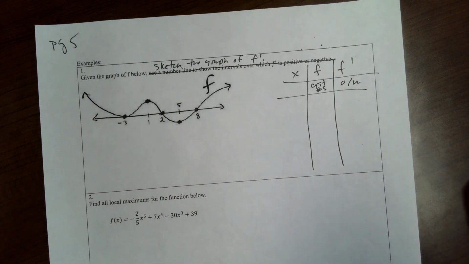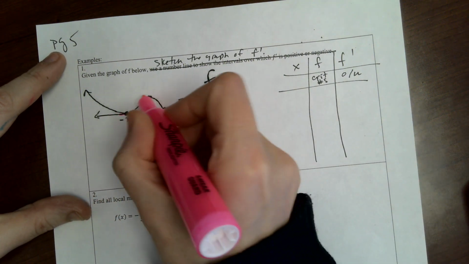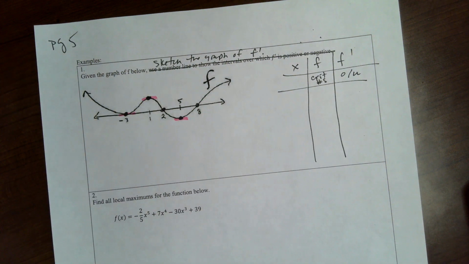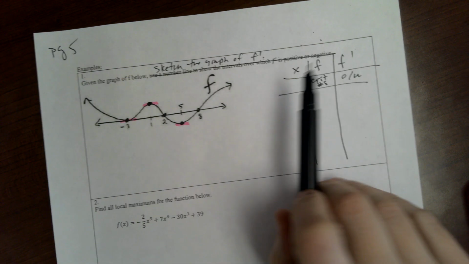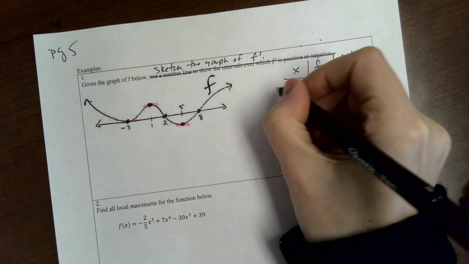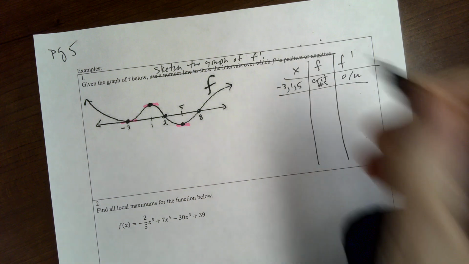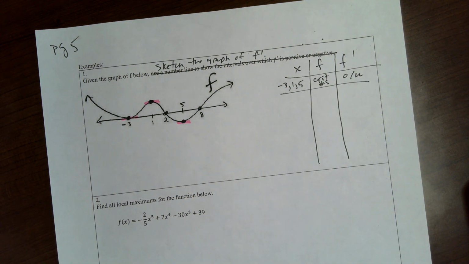There's nowhere where the tangent line would be vertical either, which would be undefined for f prime. But I do see horizontal tangents at those values. So my critical numbers here are -3, 1, and 5. Those are values.